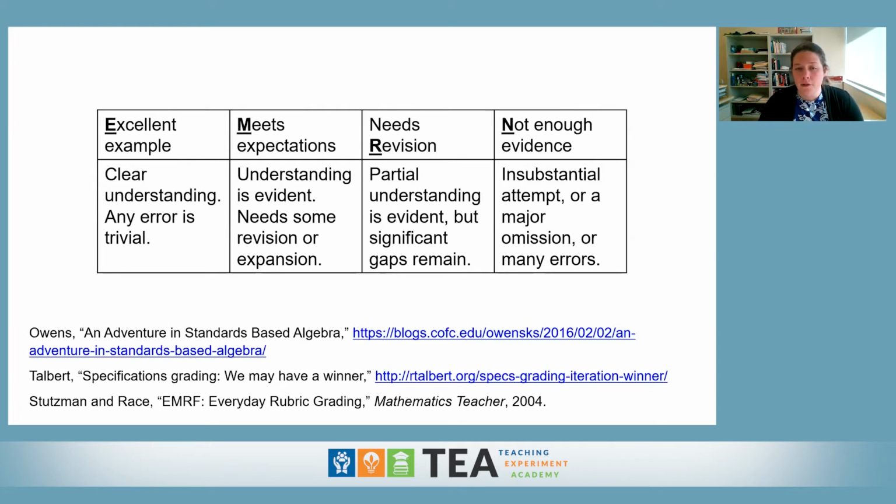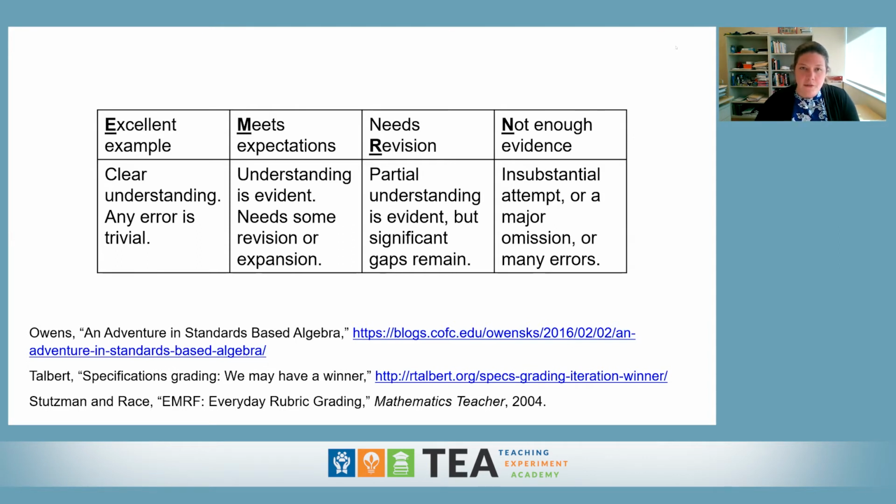R, for needs revision, means it's clear that there's some partial understanding, but they're not all the way there. And N, for not enough evidence, means it's left blank or there are many errors. R and N correspond to not passing. That's what I was using for quizzes, and then for the team project.